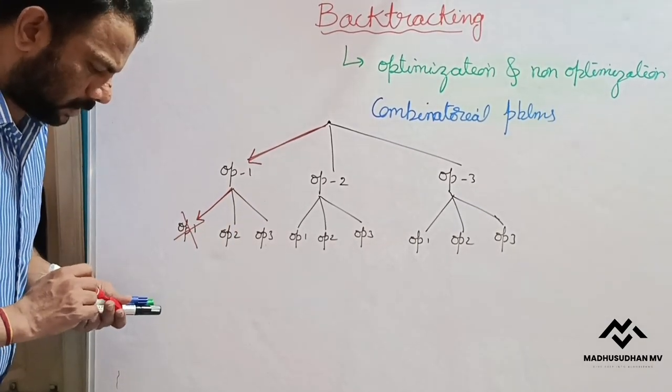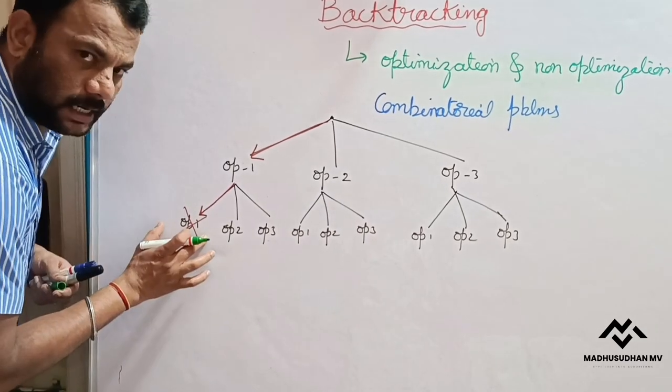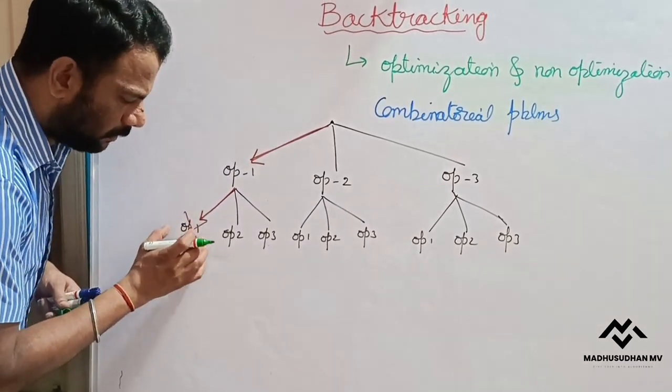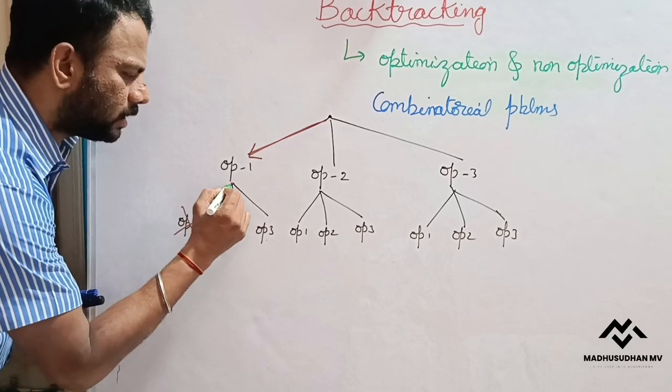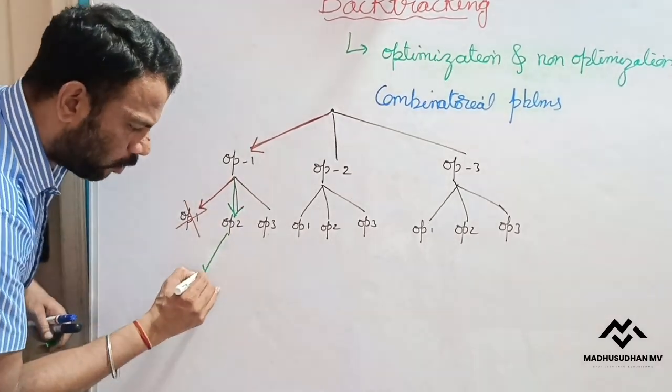Now in the next option, assume this is a dead end. It is not promising us a solution. It goes back and checks the next option. Now assume the next option promises. Now again I'll go back here.